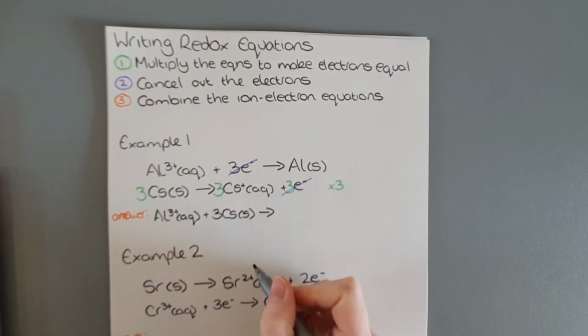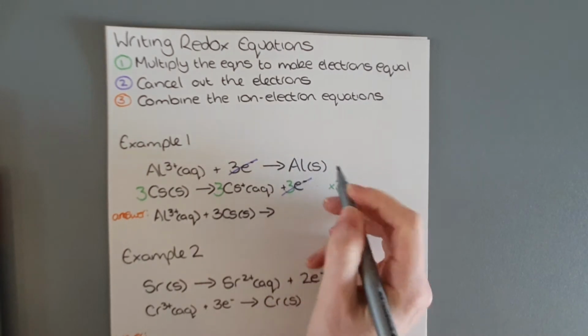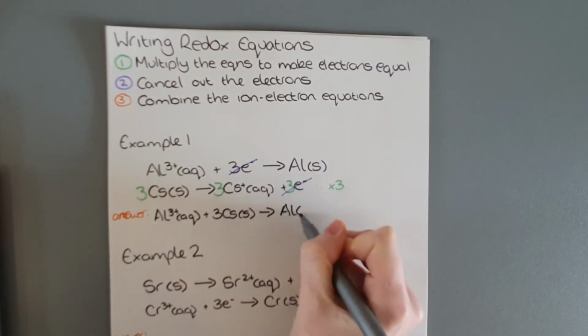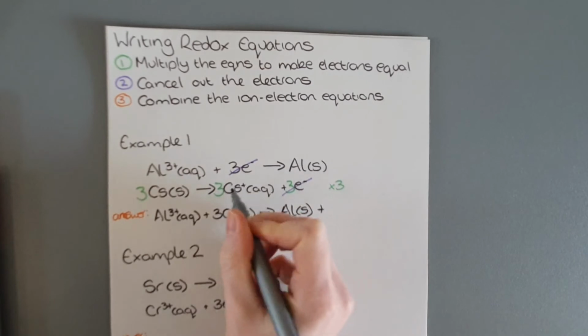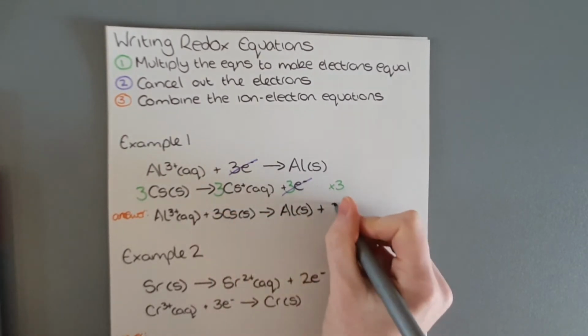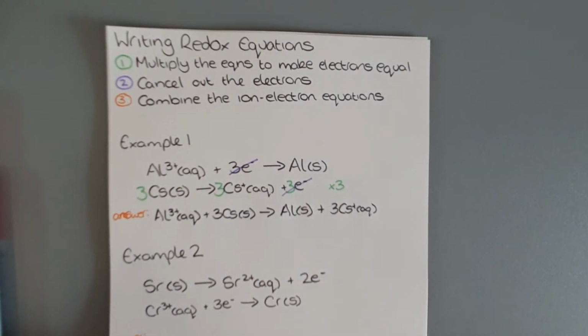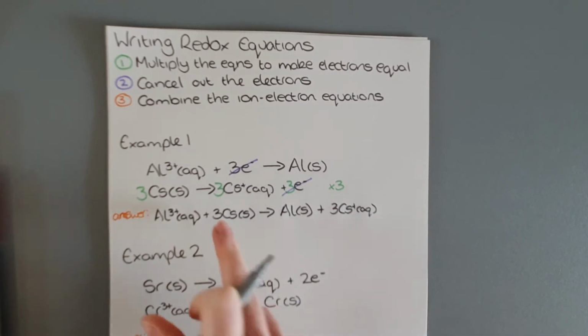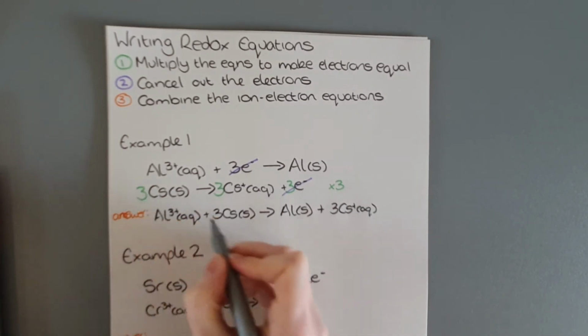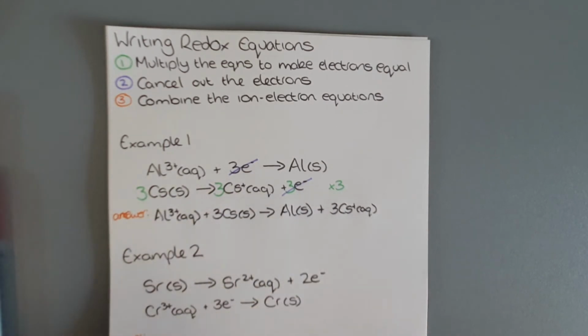Then on the right hand side of the equation, you have aluminium as a solid, plus 3 Cs+ aqueous. Do not write the electrons. So that would be your final answer that you'd be looking for, and just make sure you definitely put in what you've multiplied things by, otherwise your answer is incorrect.